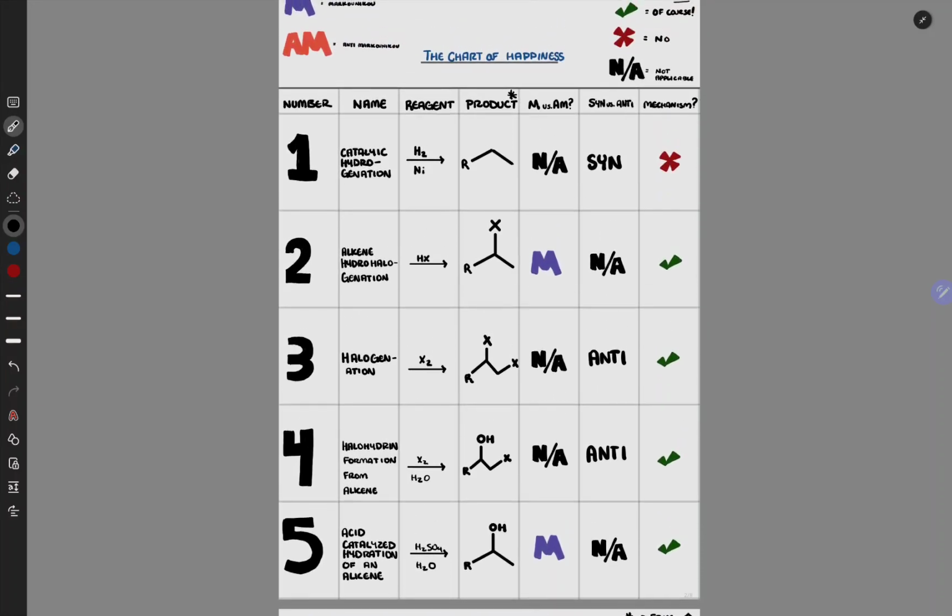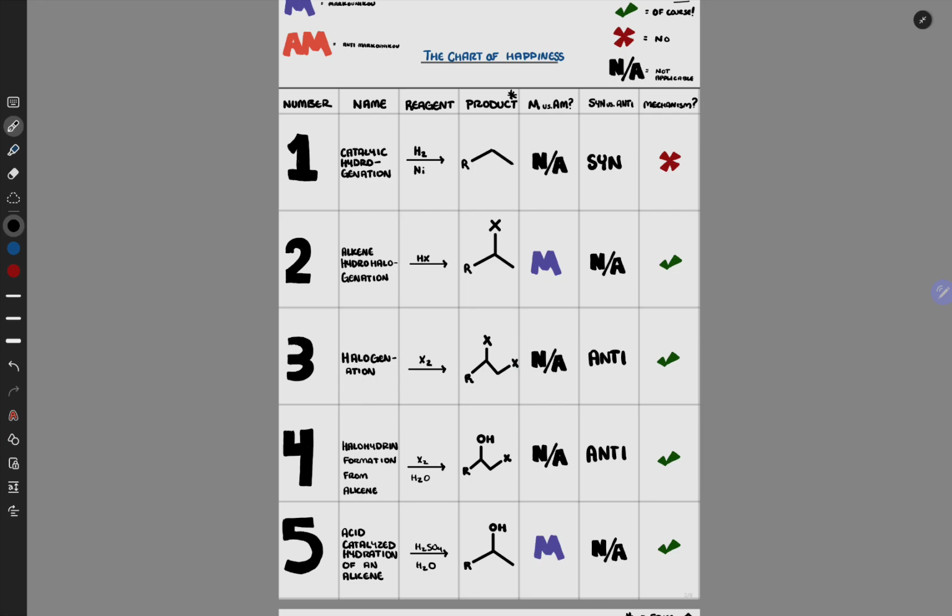All right, looking at number 3, we go over halogenation. So this is just halogenation, which involves 2 halogens. It'll add halogens to either side of the alkene. So this X2 will add 2 X's to either side of this alkene, and that's kind of helpful. Therefore, we're adding the same molecule to both sides.